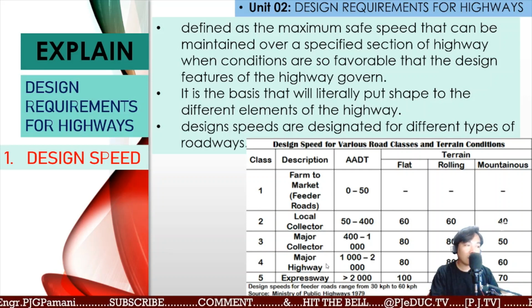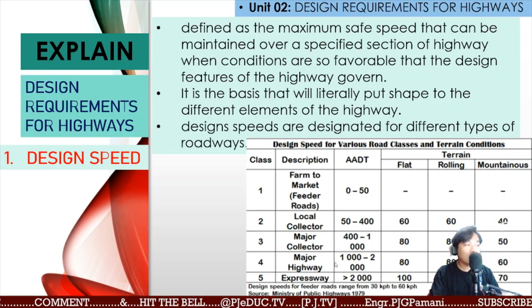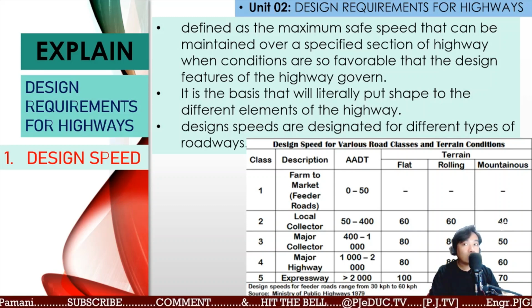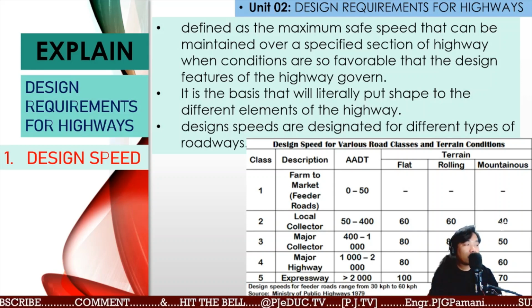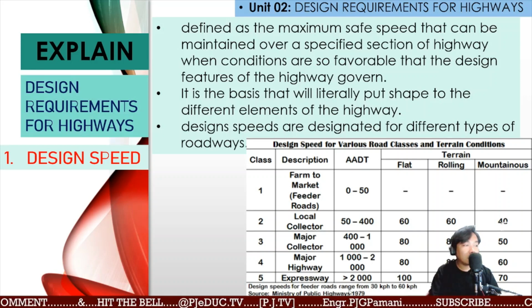Then major highways. When it comes to roads with many lanes, we have 1,000 to 2,000 vehicles at a design speed of 80, 80, and 60 kph. Then lastly, for expressway, vehicles greater than 2,000 vehicles per day, we have 100 kph and up.